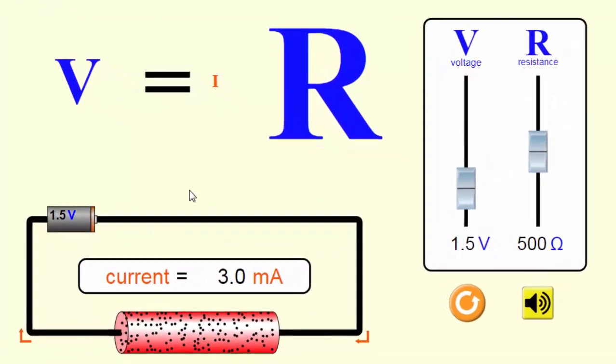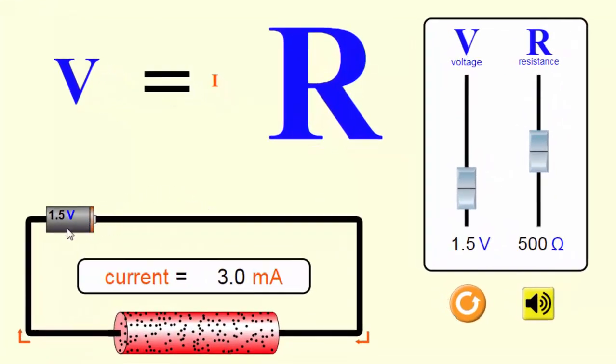Now let's say we have this electric circuit where the voltage is 1.5 volts and is connected through those wires to the resistance. So this cylinder here represents the resistance and the circuit is complete. Start from the positive of the battery across the resistor, then back to the negative terminal of the battery.